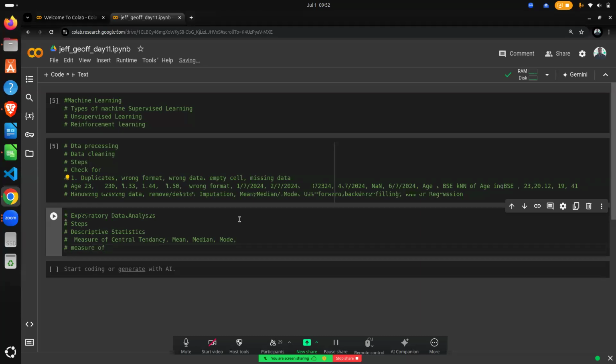I hope you're taking these notes, measures of spread, how your data is being spread in terms of what we call range, the variance, standard deviation, then the interquartile range.